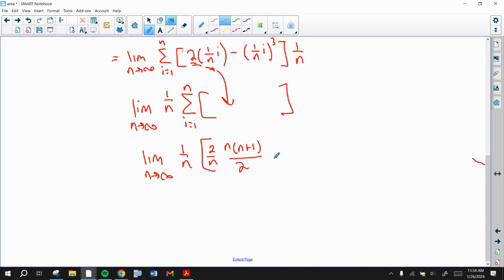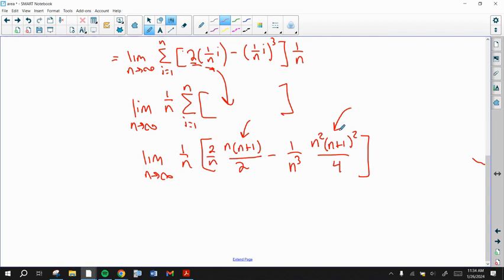The 1 over n times i cubed would be 1 cubed over n cubed. That's my constant. And then the summation of i cubed, which by formula is n squared times the quantity n plus 1 squared over 4. So this was the summation of i, and this is the summation of i cubed.